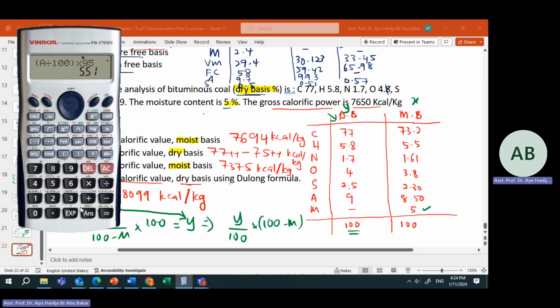This only finds the percentage. Then only can you proceed to calculate the GCV using Dulong's formula.